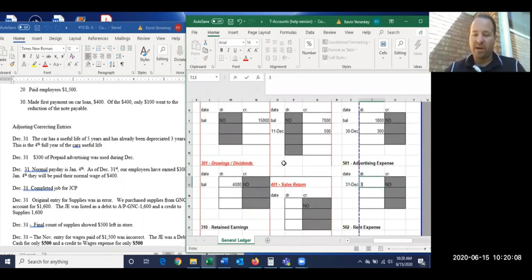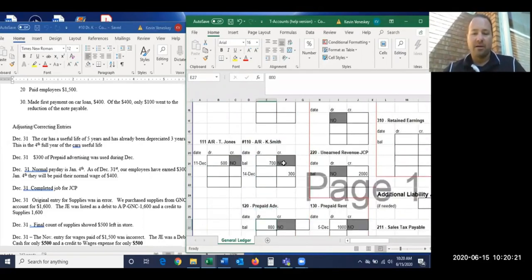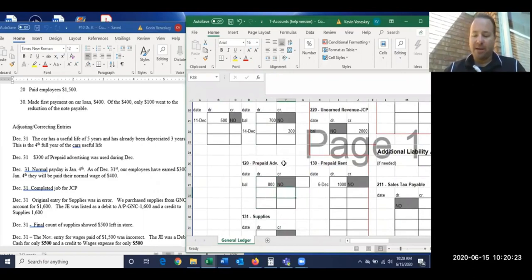On 12/31, we got the benefit of $300 worth. And then, how did I get the advertising? Well, I didn't pay for it this time. I paid for that a long time ago. It came from my prepaid account. My balance that I had still, I've now reduced some of that. I've used some of it.